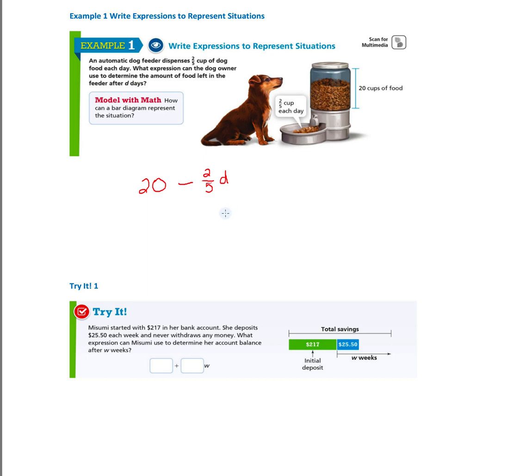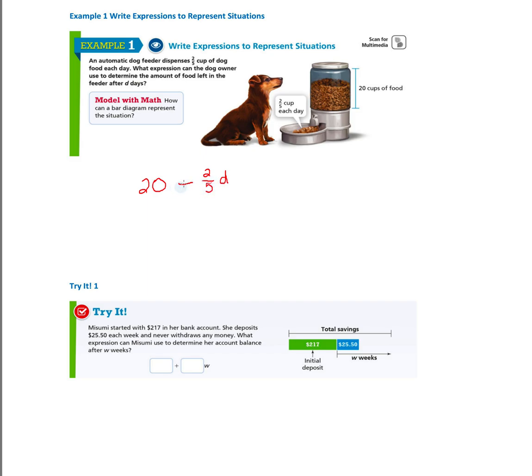And then one of the things that we'll be doing in this lesson is, we're not asked to evaluate anything here, but I could tell you the number of days. And if I told you how many days, then you can calculate how much food is left by using this expression here. So for example, I could say, okay, after 5 days, how much food's going to be in there? Well, if we put a 5 right here, it's going to cancel with this 5.